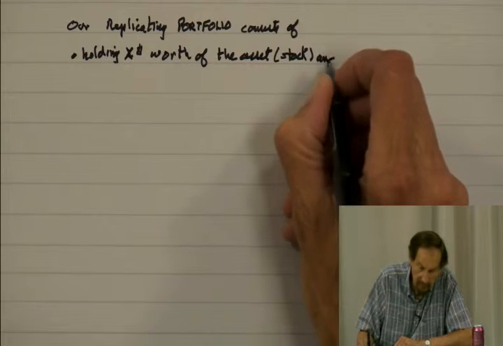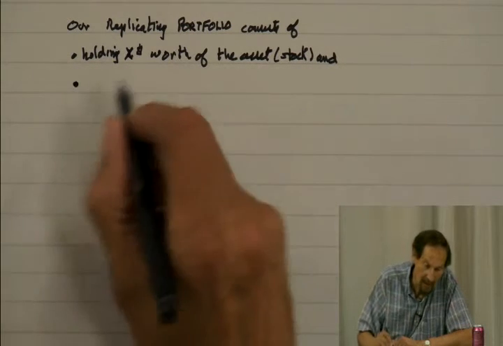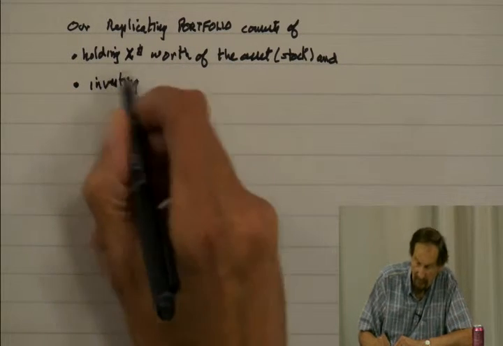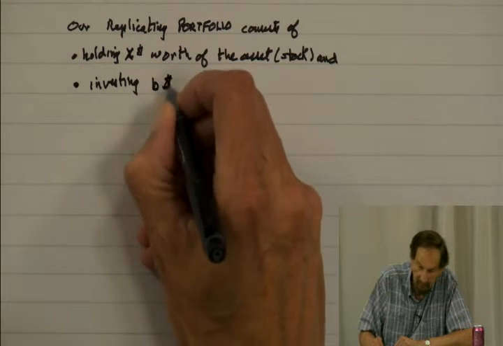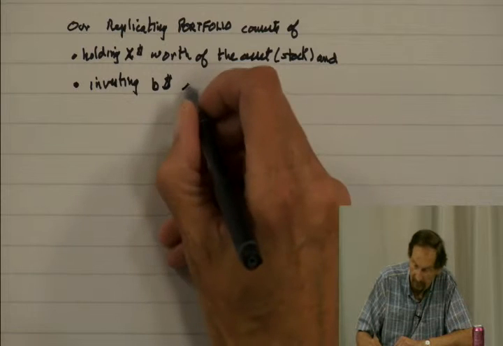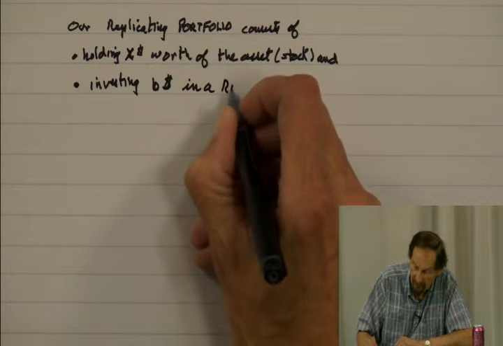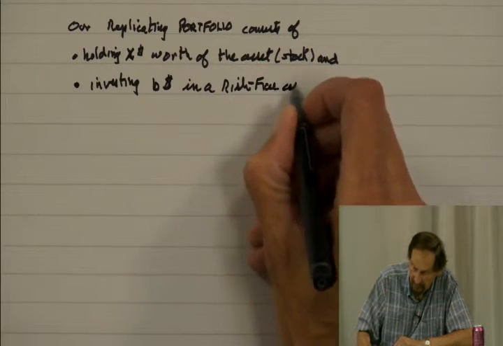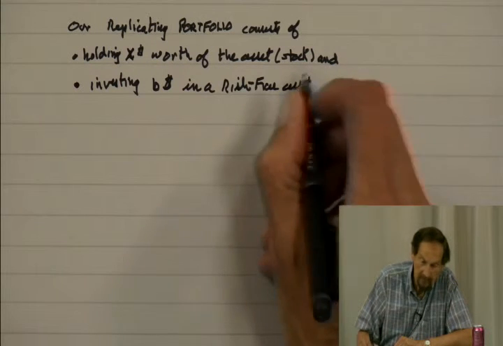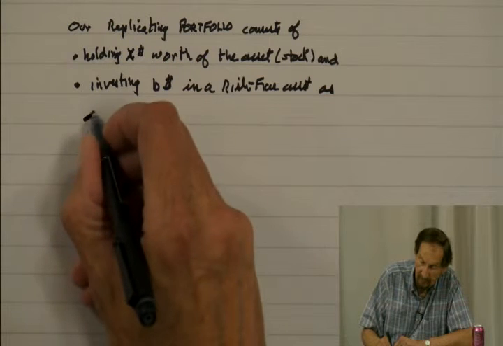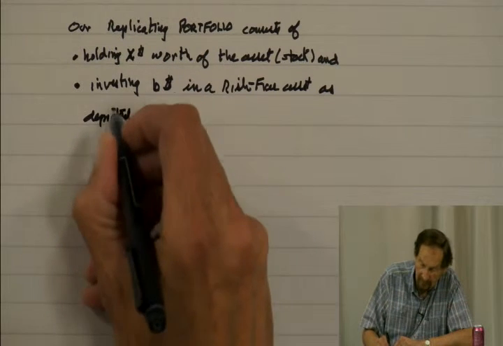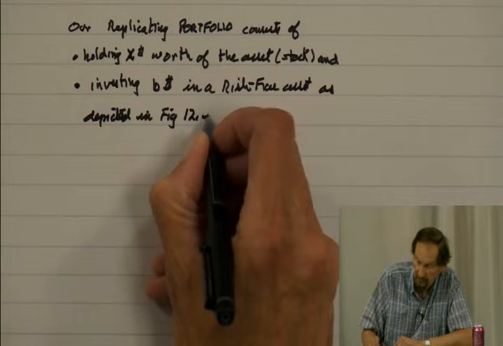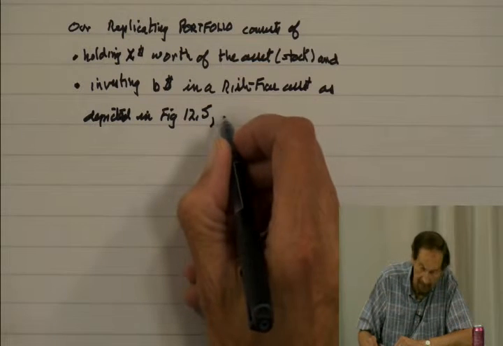And at the same time, investing B dollars in a risk-free asset, as depicted in figure 12.5, page 328.